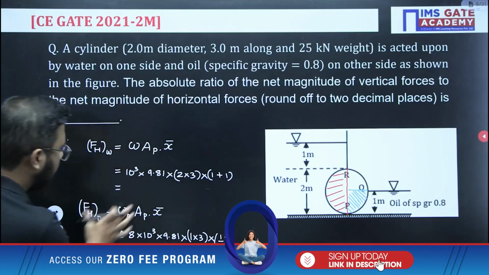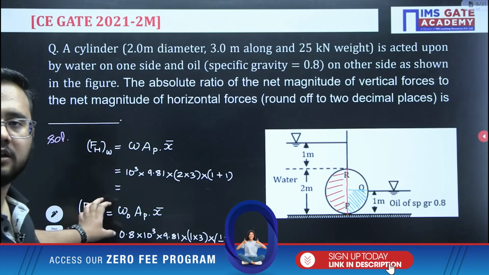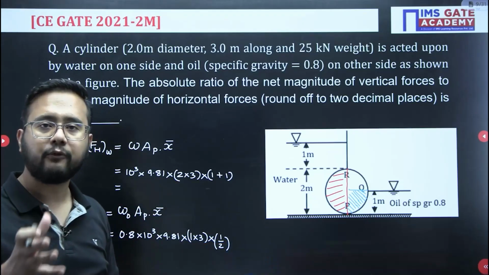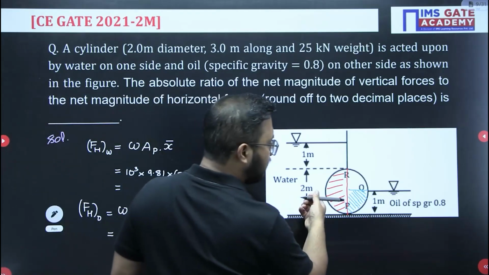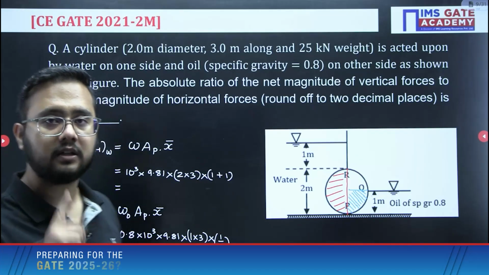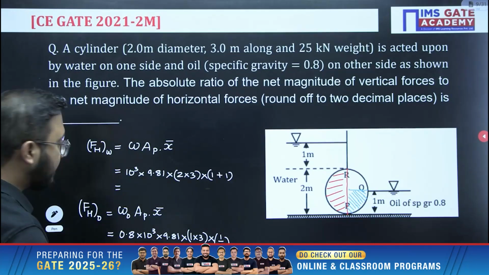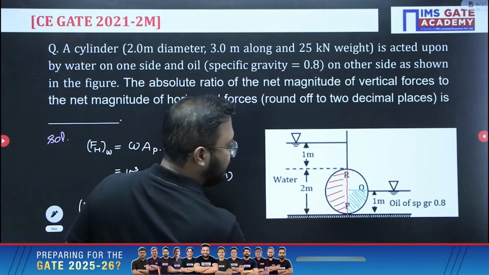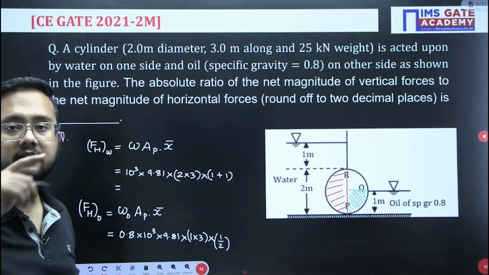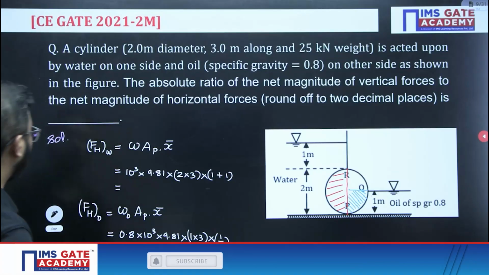So from here, horizontal force from water and from oil, both you can calculate. Net force will be the difference, because water will be applying like this, oil will be applying like this. So net force will be the difference of both the values in the horizontal direction. In the vertical case, both forces get added, water upward, oil also upward, and minus the weight of the cylinder, that we need to write down.